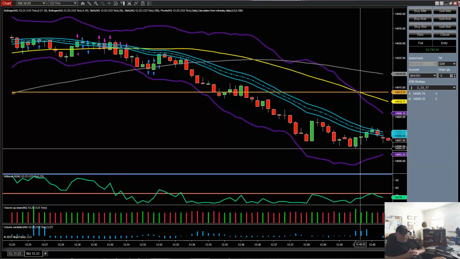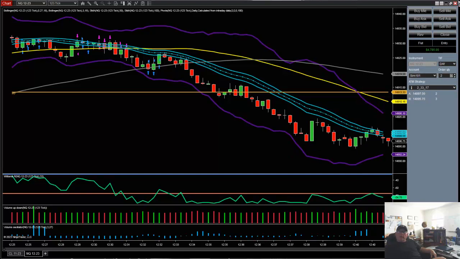So this gets back to where you're trying to catch bottoms. You've got to pay attention to what the other charts are telling you.